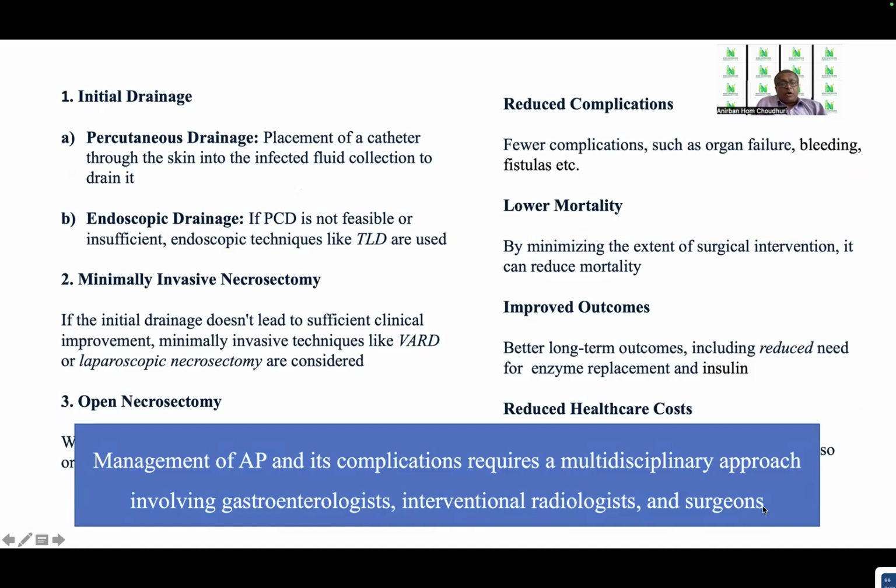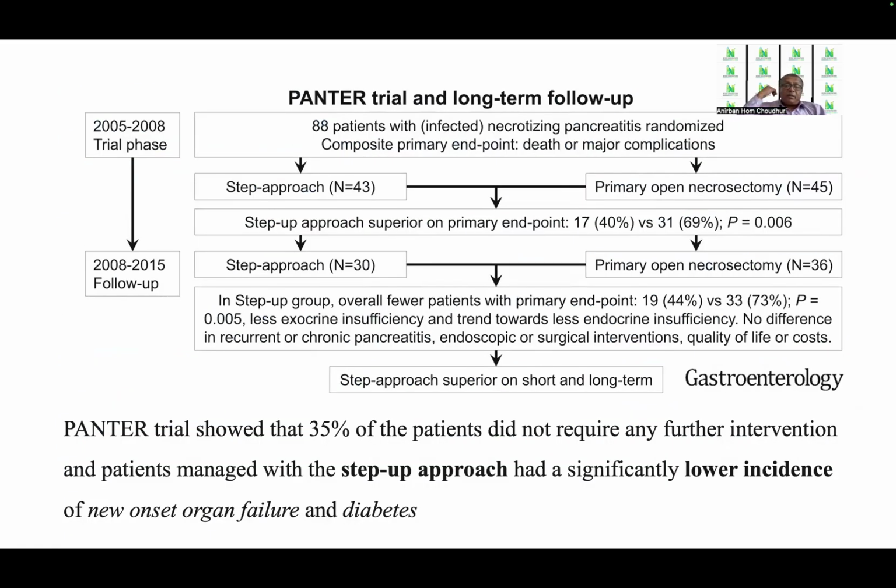The management of acute pancreatitis and its associated complications always requires a multidisciplinary approach involving gastroenterologists, interventional radiologists, and surgeons. The PANTHER trial compared the step-up approach with primary open necrosectomy and brought to light the importance of the step-up approach.